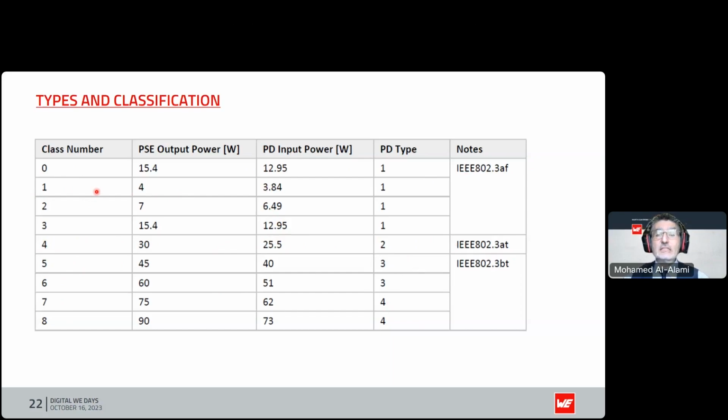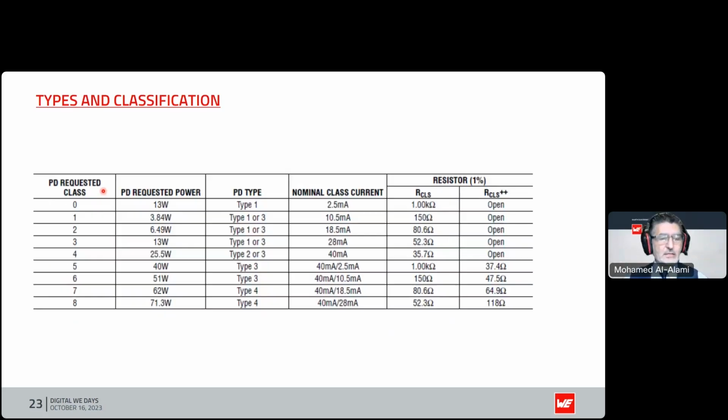So these different classes are important. If you remember back to what I was saying earlier, the classification is part of the handshake between PSE and PD to identify the power class of the PD. So now you understand the power class of the PD. How is this done? It is done by the ICs themselves, the handshake ICs.